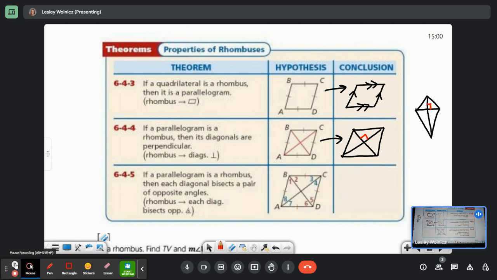So if the diagonals are perpendicular, it doesn't necessarily mean that it's a rhombus. We have to also know that it's a parallelogram. Does that make sense? If we know it's a parallelogram and we have perpendicular diagonals, we can say that it's a rhombus. If we only know that the diagonals are perpendicular, we can't say that it's a rhombus because it could be a kite. Cool?